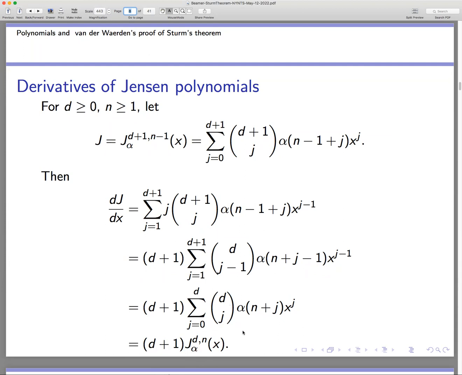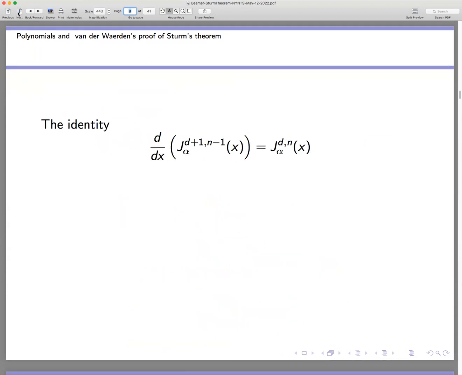Jensen for the same alpha is the point. Absolutely, alpha is fixed. So we have this identity: if you differentiate a Jensen polynomial, you get another Jensen polynomial.